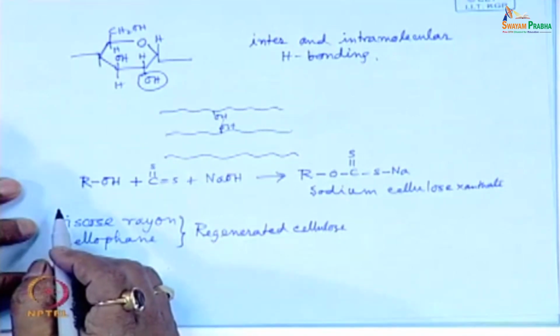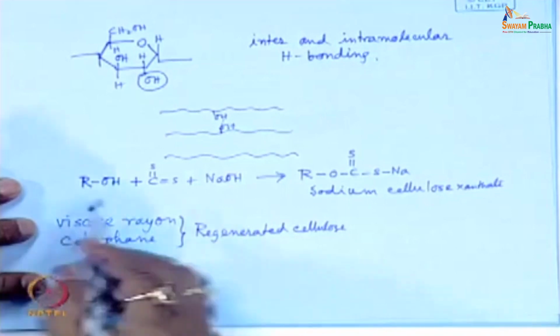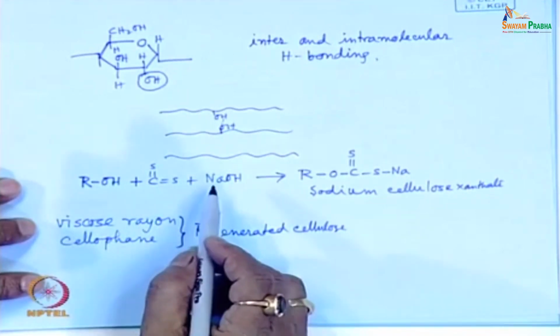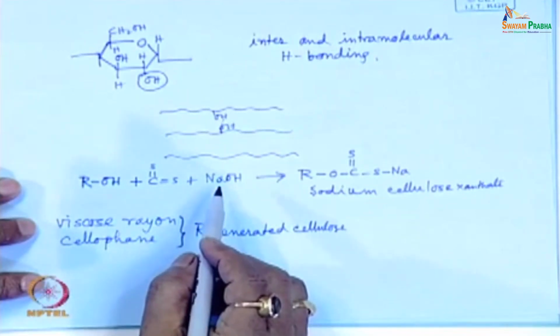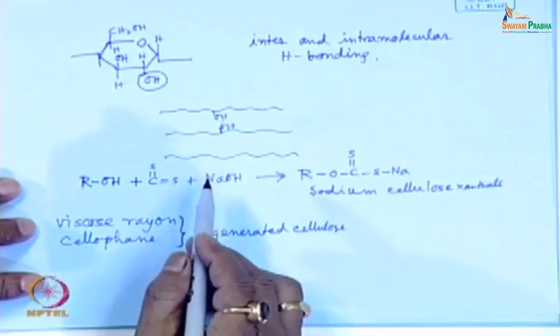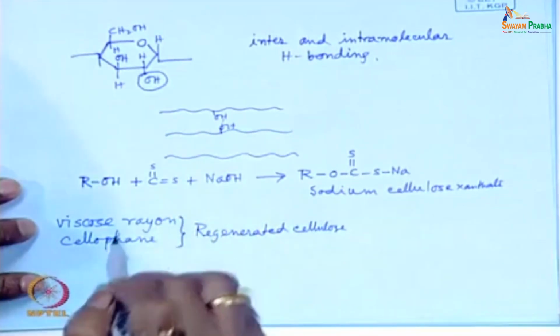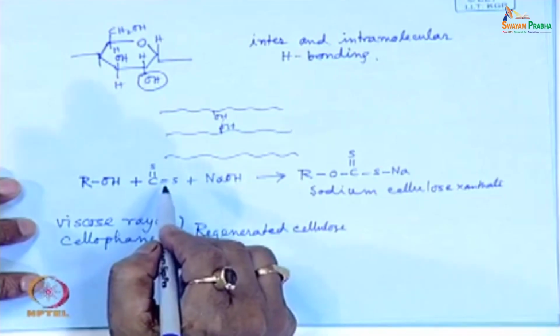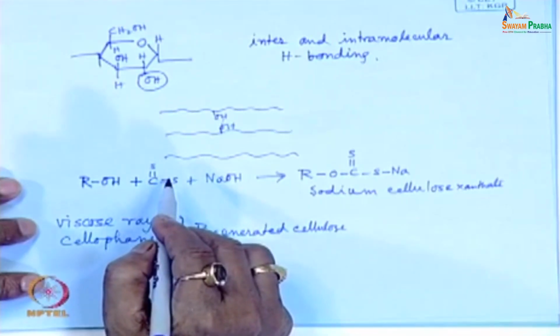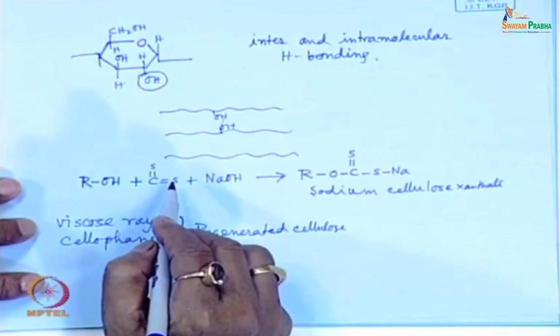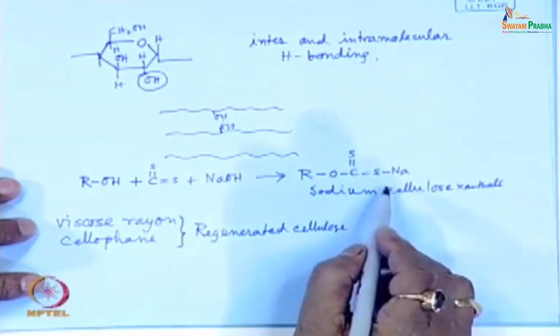What we do is we take sodium hydroxide solution, an alkali solution. Into that alkali solution, we put cotton, then we slowly add carbon disulfide, CS2. That is highly reactive and forms this kind of compound.